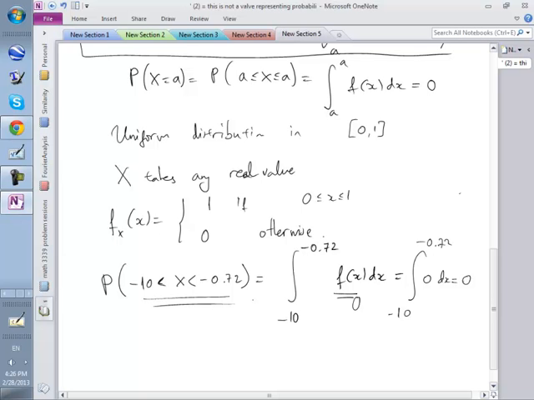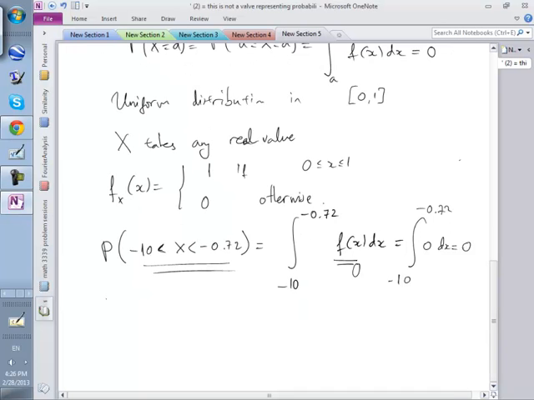Likewise, it will be highly unlikely that it will take values in any interval of the form b to c when b is greater than 1.